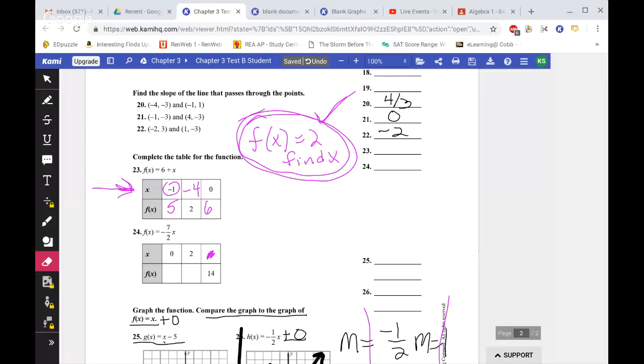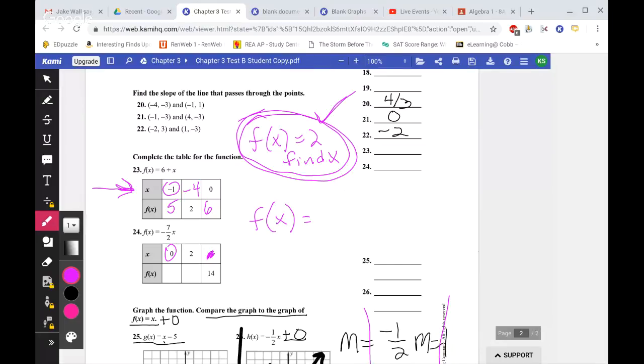And then I know you all loved number 24, didn't you? It was very fun. Yes, I thought you all would like that. This was a gift. The 0 was a gift because you've got f of x equals -7/2 times 0.